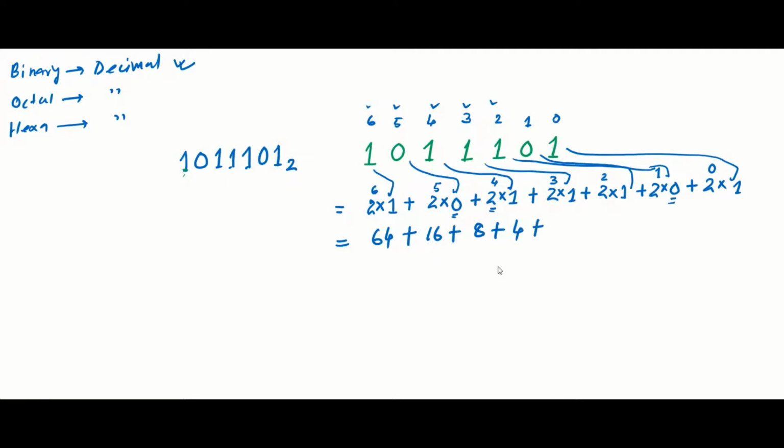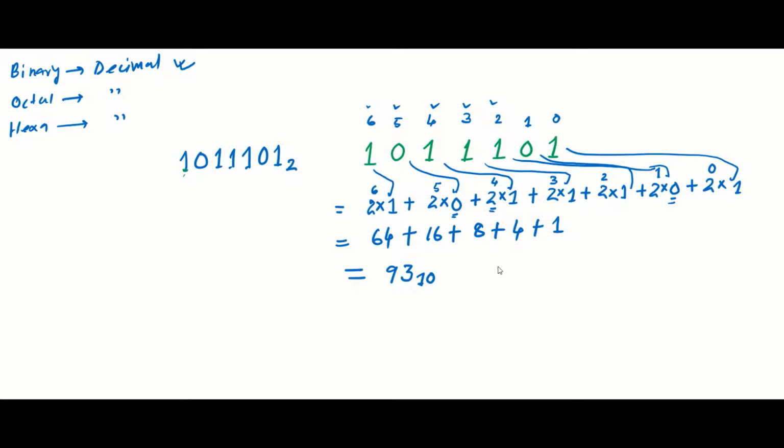Again multiplying with 0, there is no meaning. 2 to the power 0 is 1, 1 into 1 becomes 1. If I sum these up: 64 and 16 is 80, 80 and 8 is 88, 88 and 4 is 92, plus 1 is 93. 93 is the number in decimal.